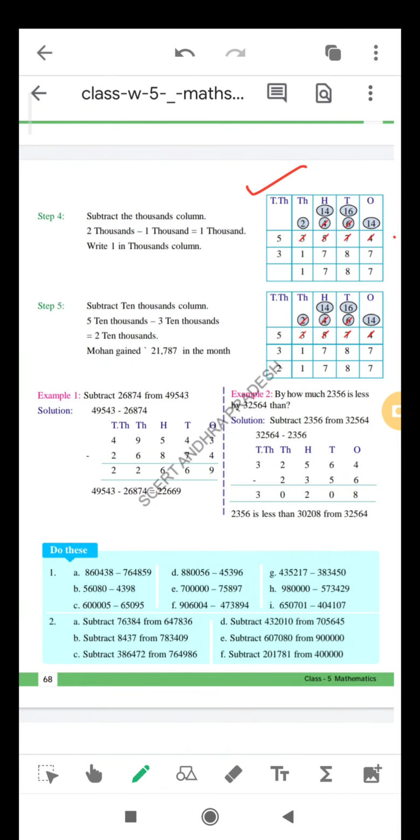Okay, now again there is one more. 49543. We have to subtract 26874. Same thing he has done here also.